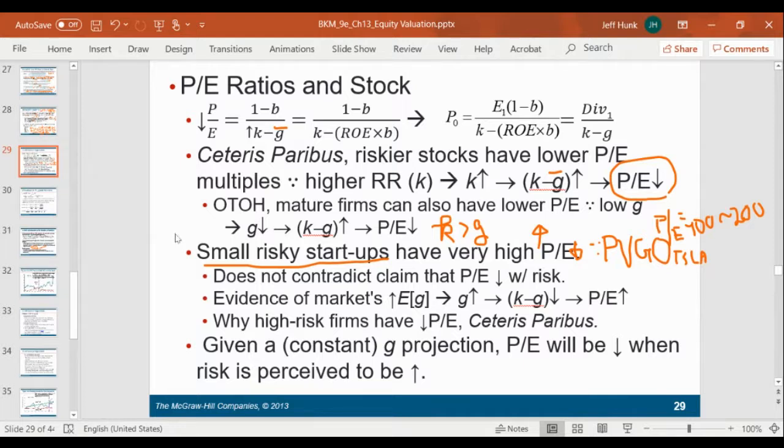And of course, being mature means you are taking up significant market share. That means like Coca-Cola and Pepsi, right? They are two giants in the industry.